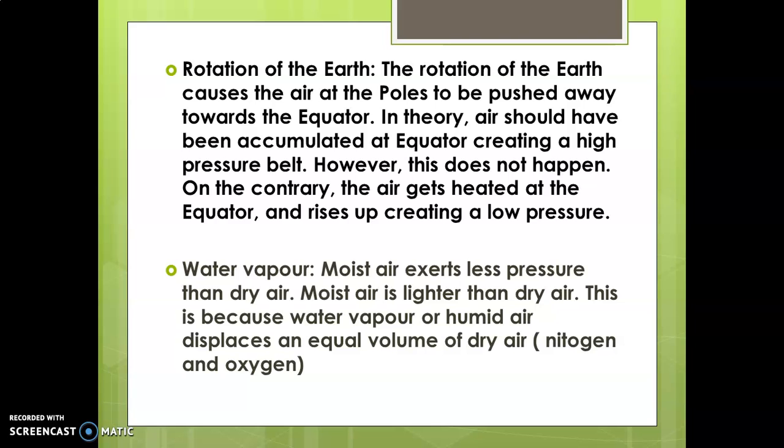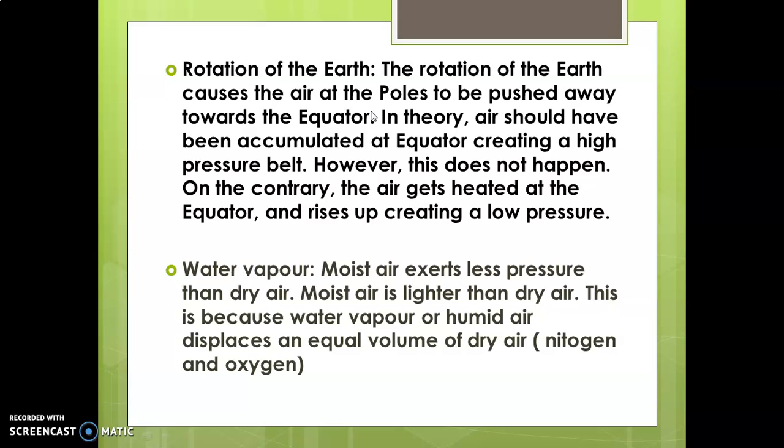Next is rotation of the earth. As we know, the earth rotates west to east, and the speed of rotation is maximum near the equator. So what is the effect of the rotation? When the earth rotates, the air present near the equator is deflected from its original position.